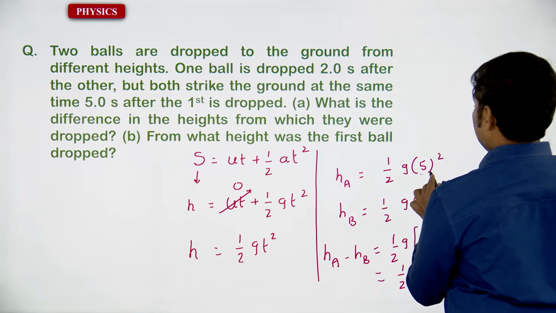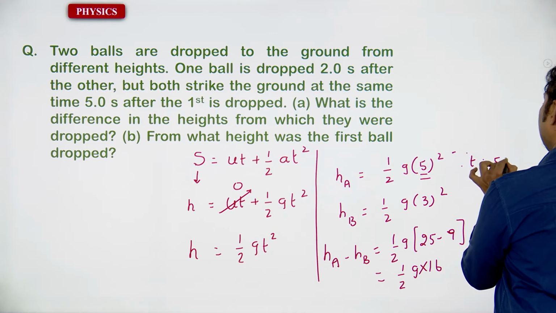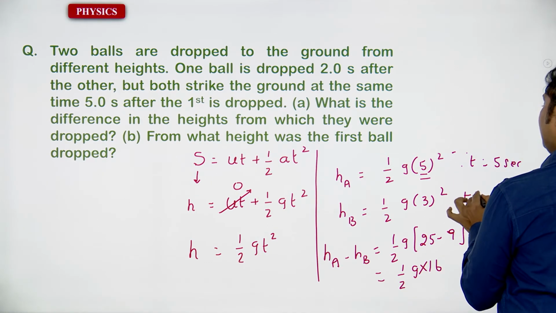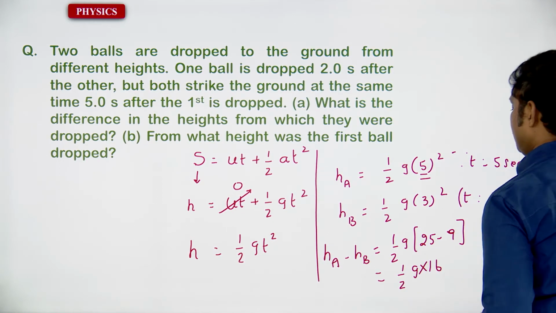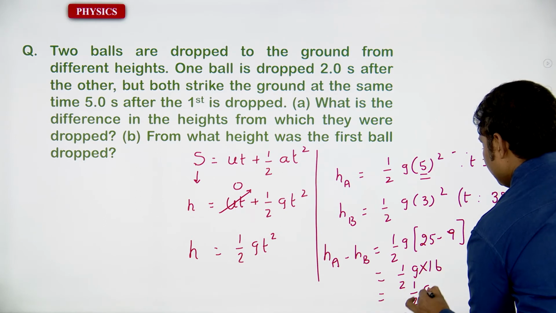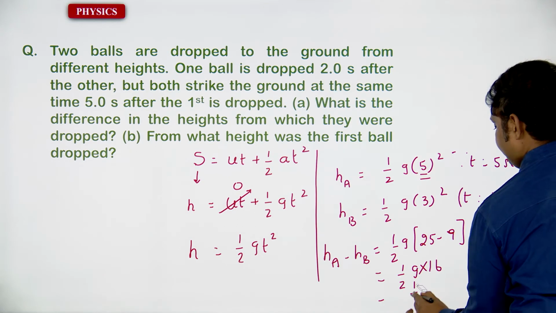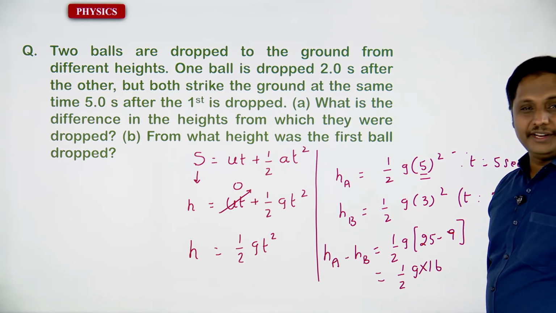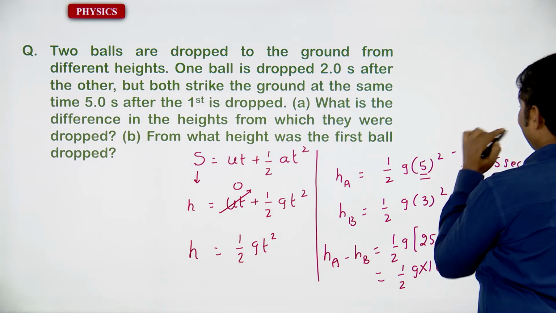So here, since t is equal to 5 seconds and t is equal to 3 seconds, it's very clear. That is going to be 1 by 2 g into 16. You can solve the problem very easily and you will get the calculation right.